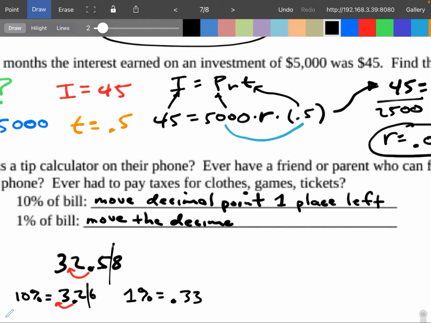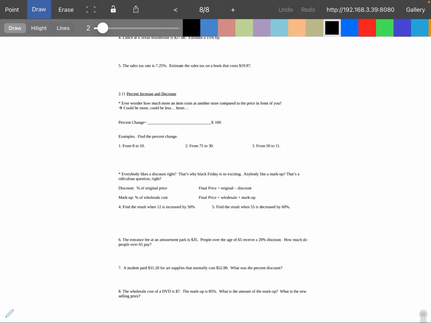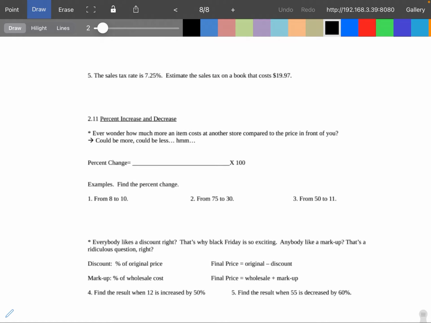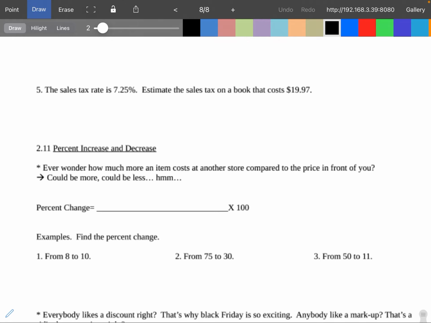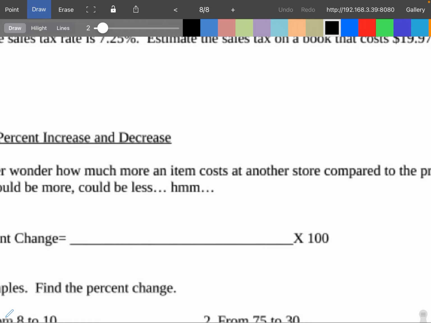We're just going to say move the decimal 2 places to the left. All right. Is that it for that page? Yeah. I think that's it. So flip it over.